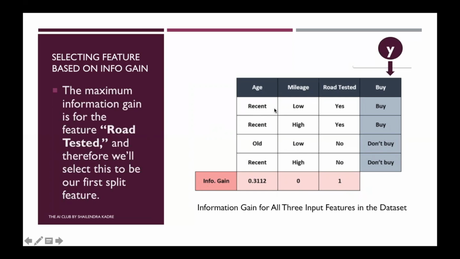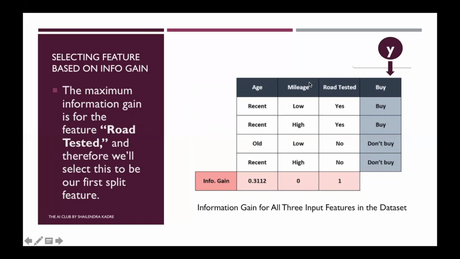Okay, for age, the information gain is 0.3112. What this means is, if we take age as the feature for the root node, and depending on whether the age is recent or old, we try to split the data, we get an information gain of 0.3112.